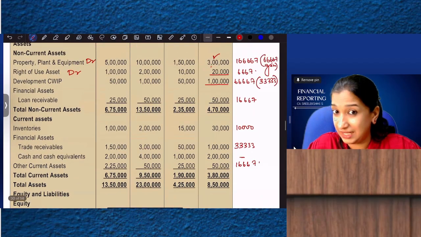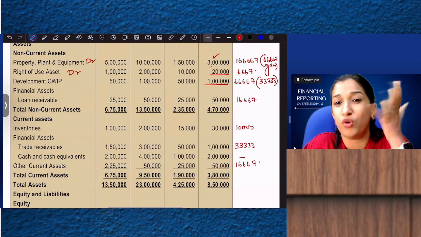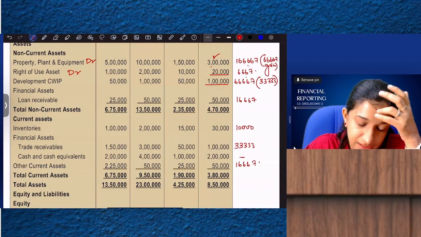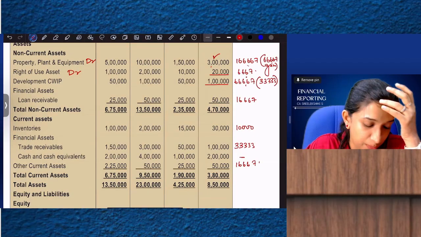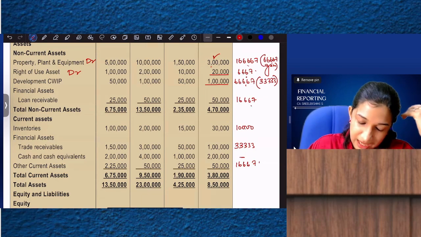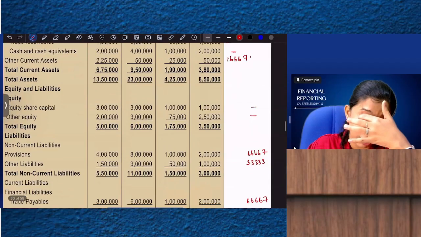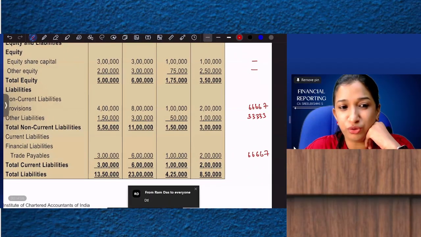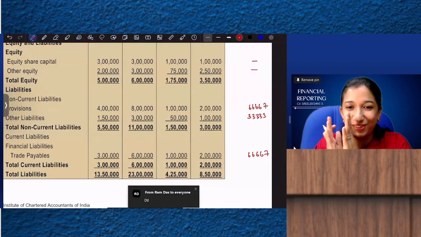I hope you're all writing the journal entry in your notebook or whatever rough book you have. You debited PPE, ROU asset, capital work in progress, loan, inventories, trade receivables, other current assets; to provisions, to other liabilities, to trade payables. Now what? To DTL.